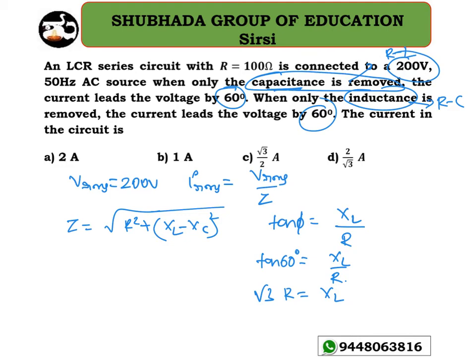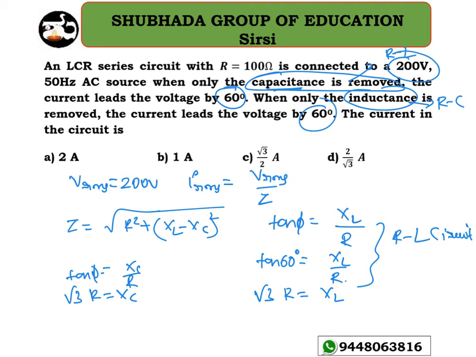Similarly, that was for the RL circuit, and for the RC circuit I can say that tan phi equal to X_C divided by R, that is root 3 times R must be equal to X_C here. So X_C and X_L both are equal.